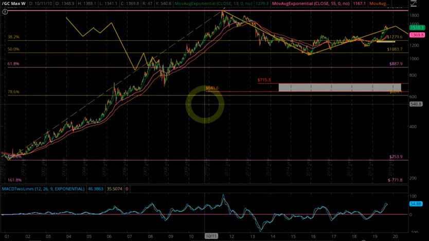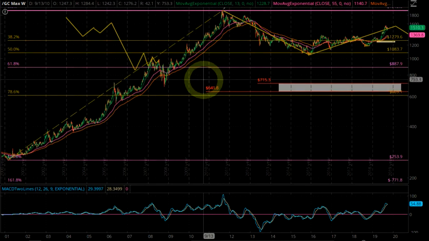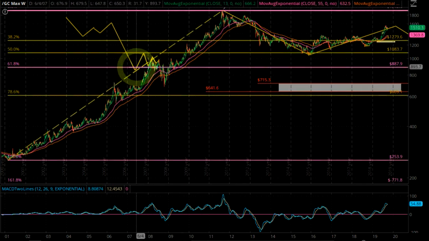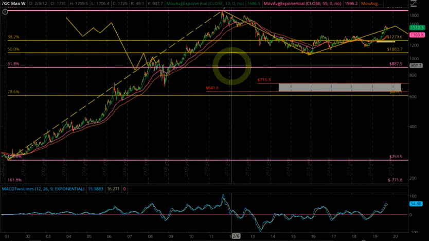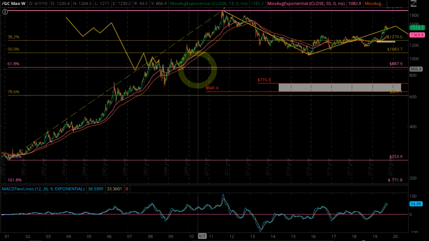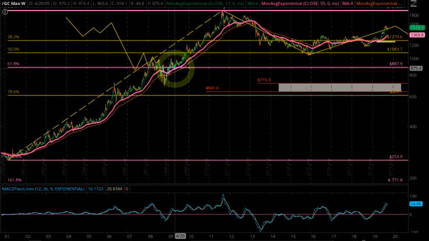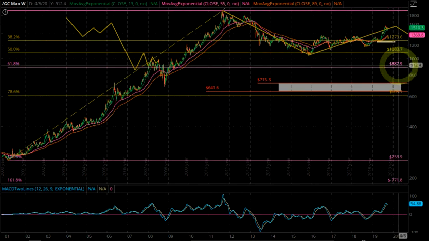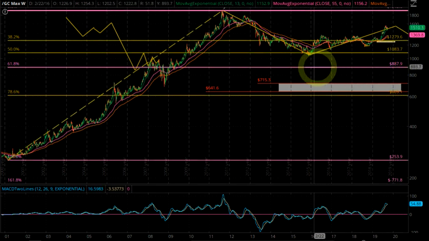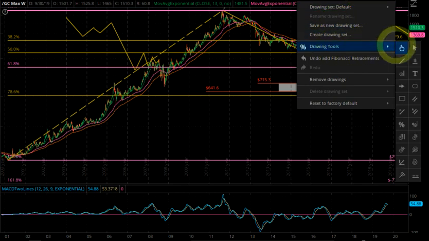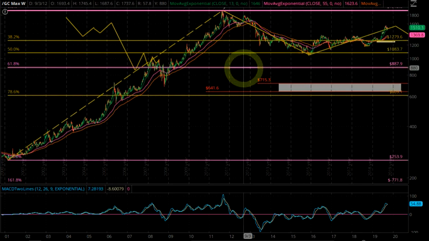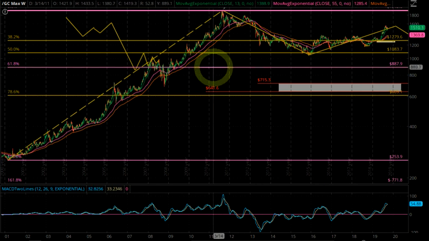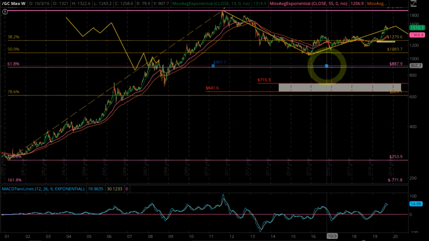And what you'll see is that the 61.8 retracement, so it might not go this low, but the 61.8 retracement comes in here at 887. So I would at least expect it to go to 887. In fact, let's put that number right here just so we'll have it.